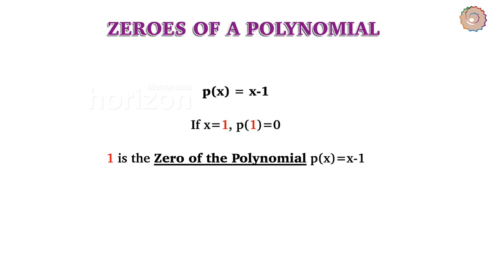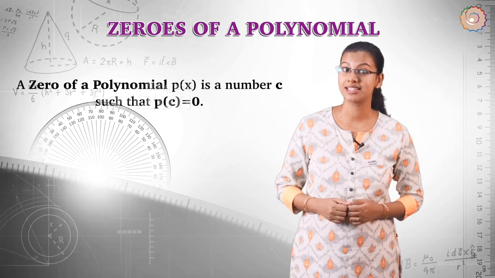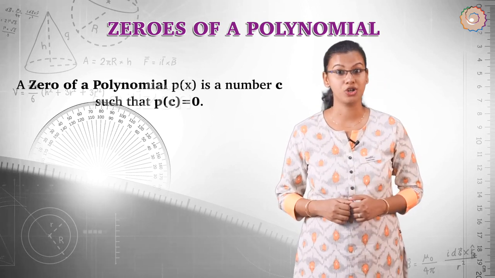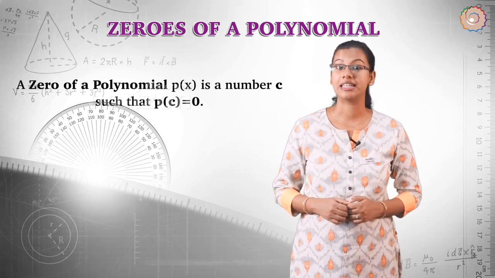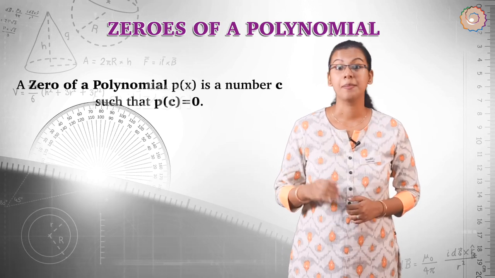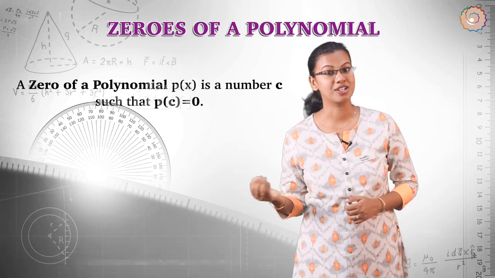Then we can say that 1 is the zero of the polynomial p of x, since we got the result as 0. Or generally, we can say that a zero of a polynomial p of x is a number c such that p of c equals 0.